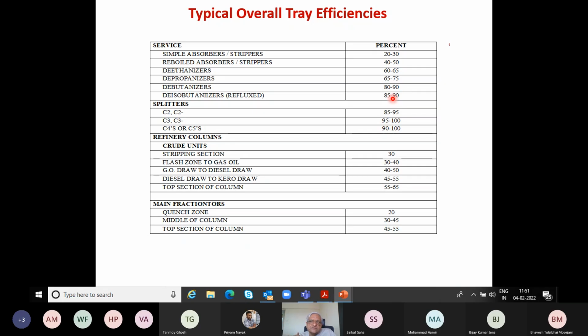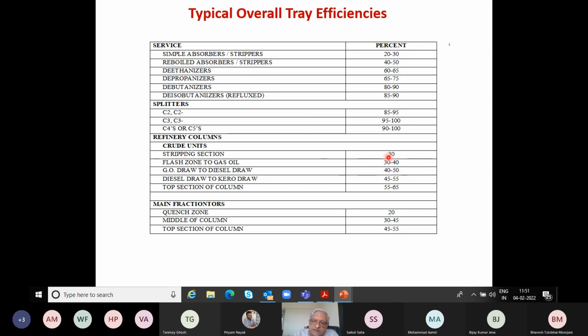The O'Connell chart has tray efficiency on the y-axis, and on the x-axis you have relative volatility times viscosity. You would have been taught this O'Connell chart in your undergraduate classes. But coming on to the crude column, these are the tray efficiencies that you see.